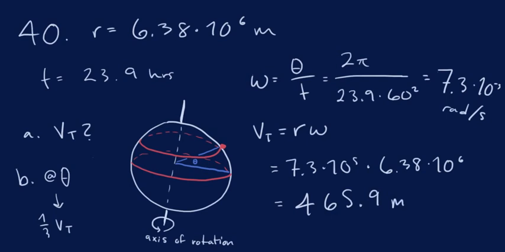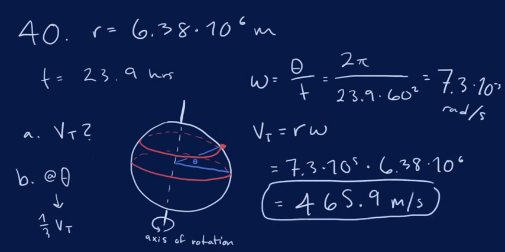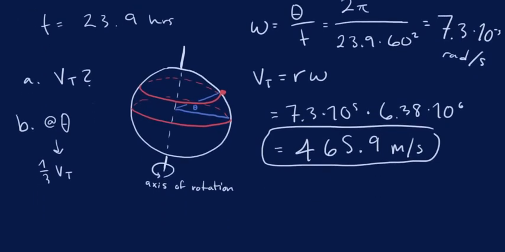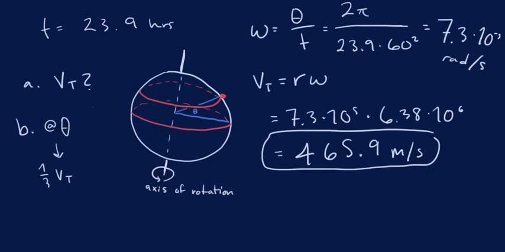So we've got the tangential velocity for someone in Ecuador, located along the equator. Now the problem with this problem is that the Earth actually bulges out at the equator, so this doesn't hold true in real life.